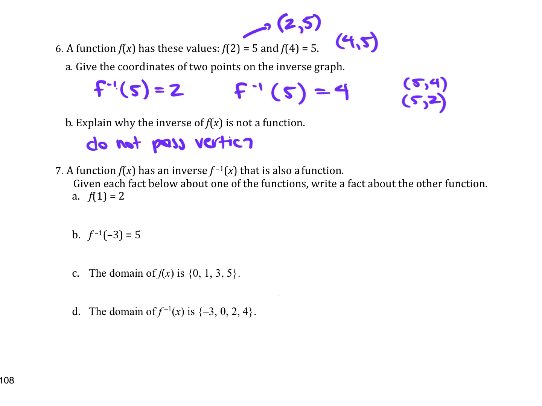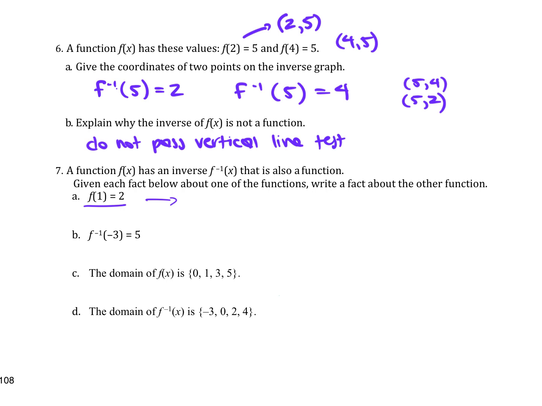So in the same way, question 7 asks us to take information about either the original function f of x or the inverse function f inverse, and then use that information to write a fact about the other one. So in part A, if I'm given a fact about f of x, I write as an answer a fact about f inverse.